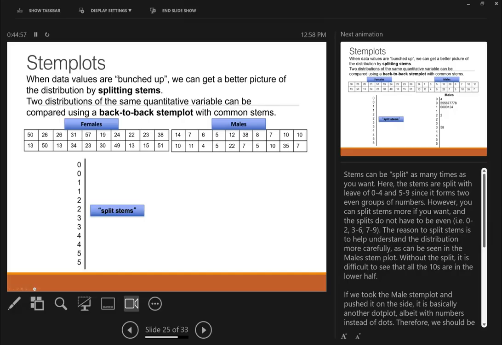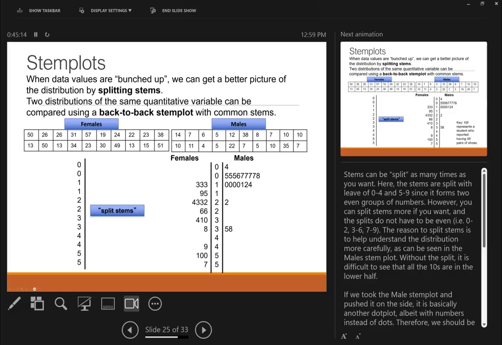So for the first stem of 0, I'm going to have any leaves that are 0 through 4. And the second stem will contain leaves 5 through 9. So I do that on one side for my dudes. And then for my chicks, we do it on the other side.